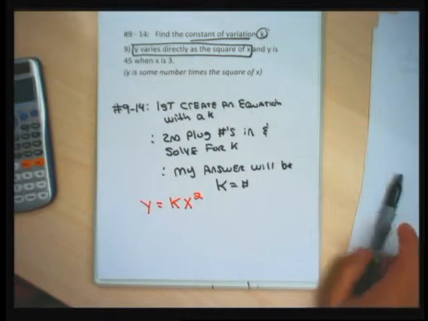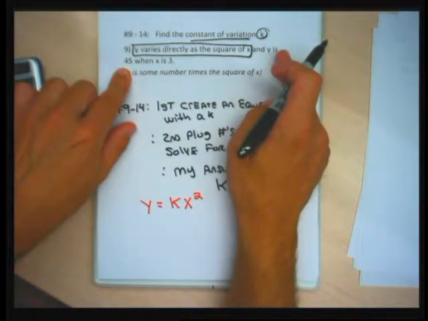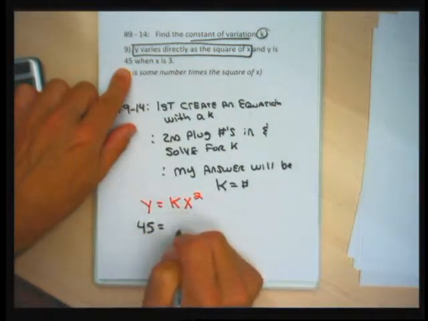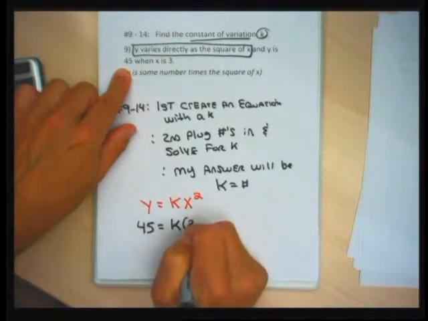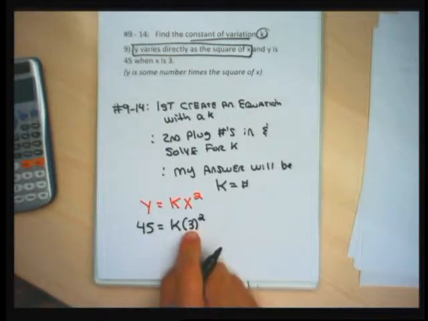Now I'm going to get the answer by plugging in the numbers that are given. The numbers that are given are 45 for Y and 3 for X. So I need to solve that equation for K. I best do the exponent first. When you square the 3, you get 9.